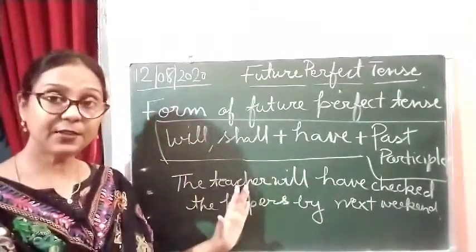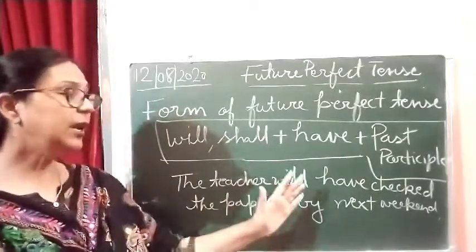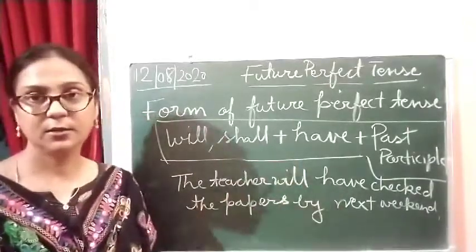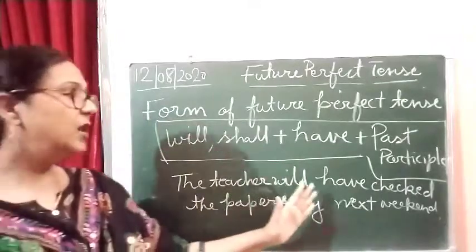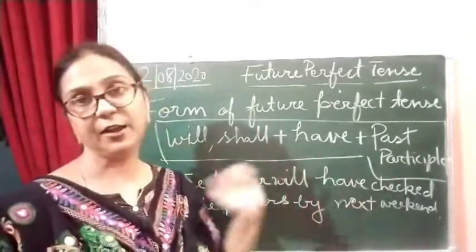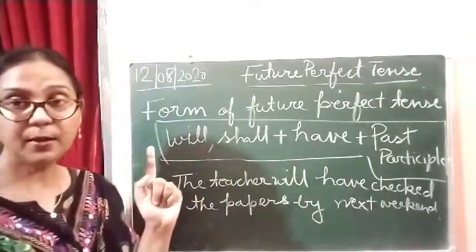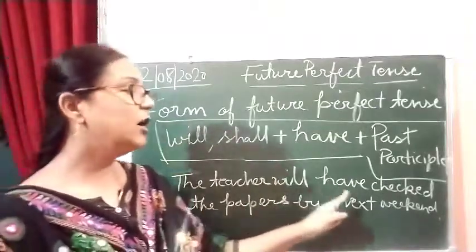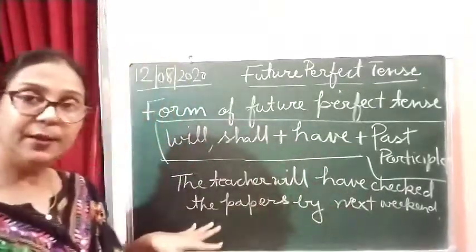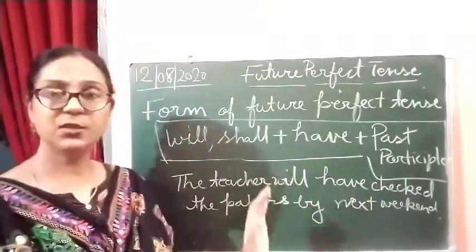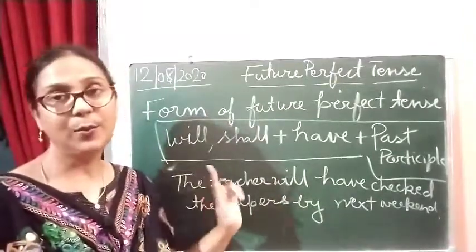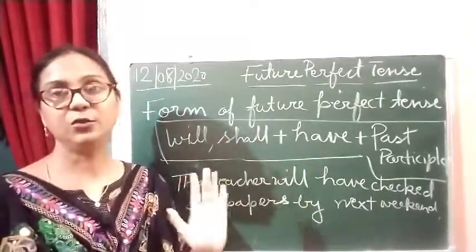To make negative sentences we only add not. So, the teacher will not have checked the papers by next weekend. Always remember this. This becomes a negative sentence in future perfect tense.